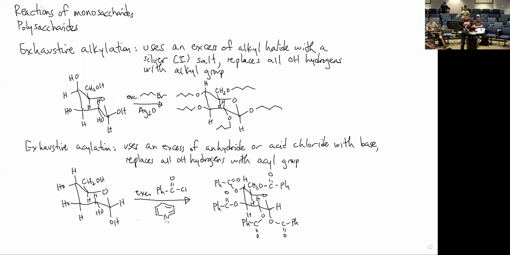we covered two reactions of monosaccharides on Friday. We covered exhaustive alkylation, in which we treat a monosaccharide such as this one. That one happens to be galactose, not that I really care if you know that.